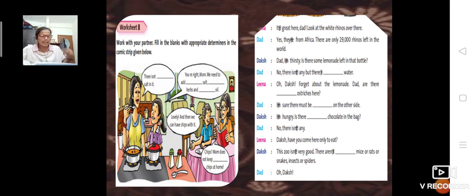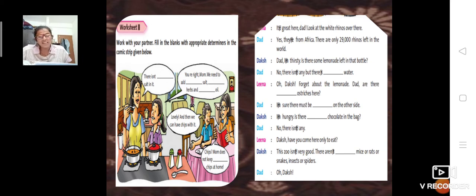Little water. Lena says, oh Daksh, forget about the lemonade. Dad, are there dash ostriches here? So she says, are there any or some ostriches here? The dad says, I'm sure there must be few on the other side.